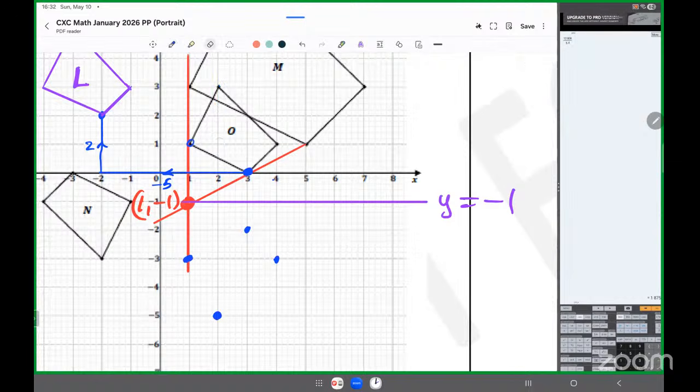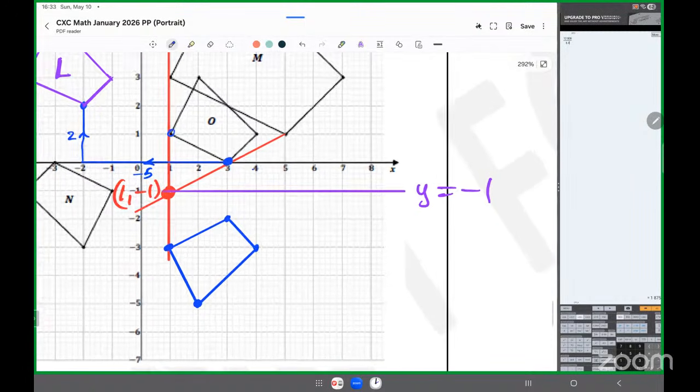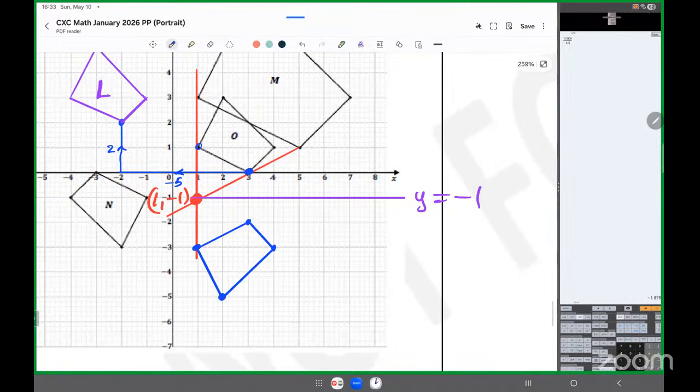And we're joining these points. So join these two. Join these two. Join these two. And join these two. And that's it. Looks like a reflection. This reflects to this line. So you see, do your transformation 1 point at a time.